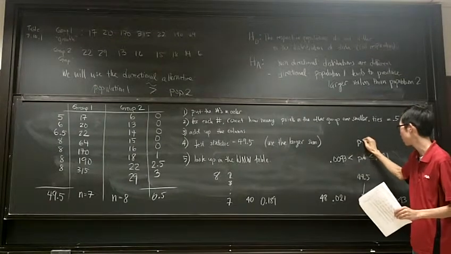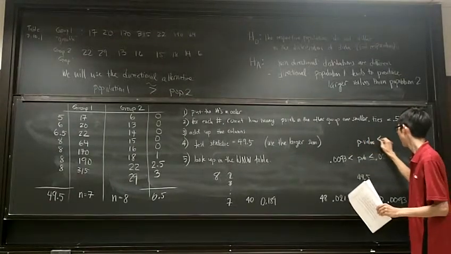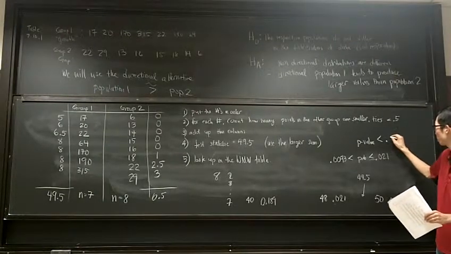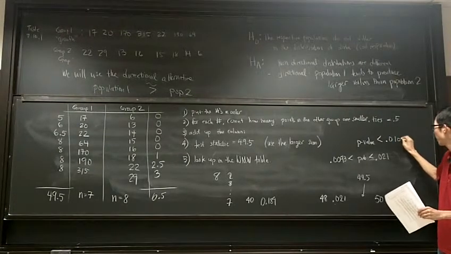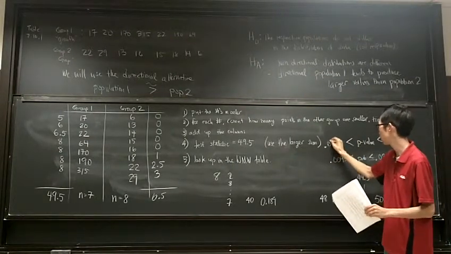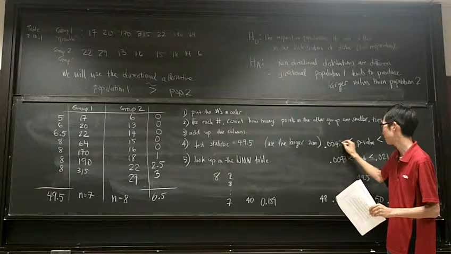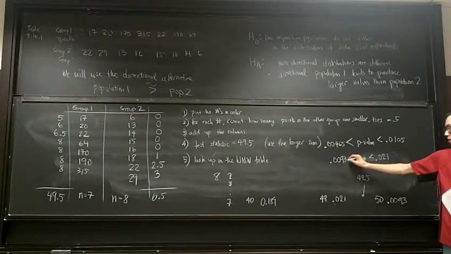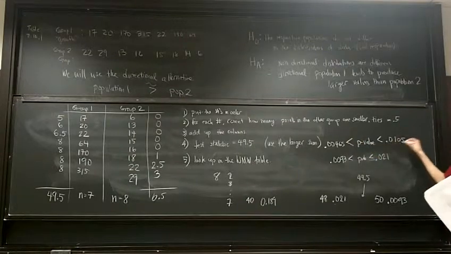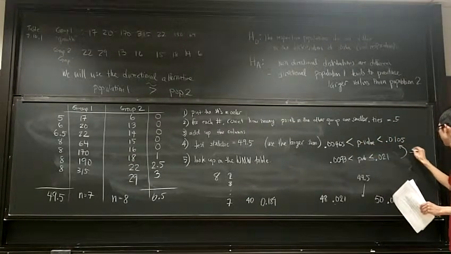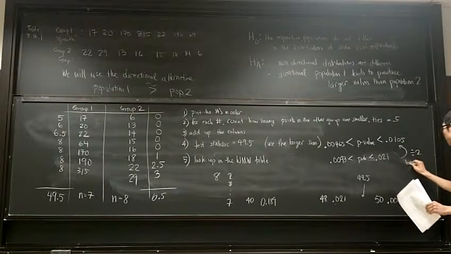So my p-value is going to be less than 0.021 divided by 2, so that's 0.0105. And then 0.0093 divided by 2, 0.00, I don't know, 461. Is that okay? So I took this and I divided by 2 to get this. Divide by 2 because it's directional.